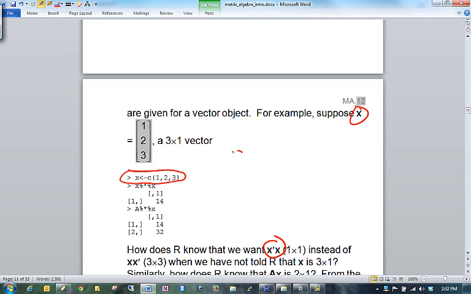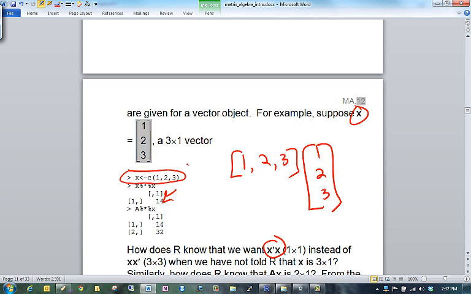In other words, it did this in a mathematical context. Sometimes when you have a row vector, it's easy to separate the numbers with commas, and I'll do that for illustration purposes. So if I multiply these two vectors by each other, I get 14.